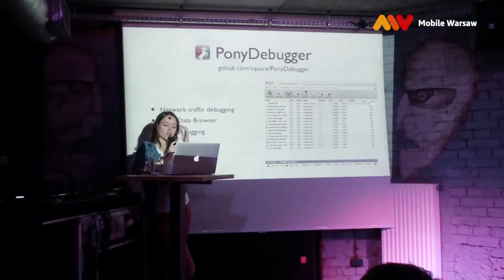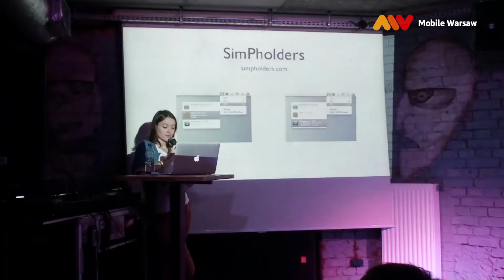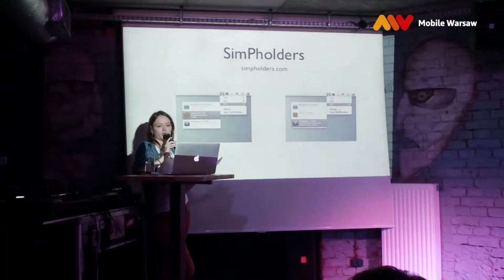And it does so by using Chrome developer tools, if it matters, I don't know. SimFolders, another tiny useful thing. It gives you quick access to simulator folders. That's all it does. Very tiny thing, but quite useful.